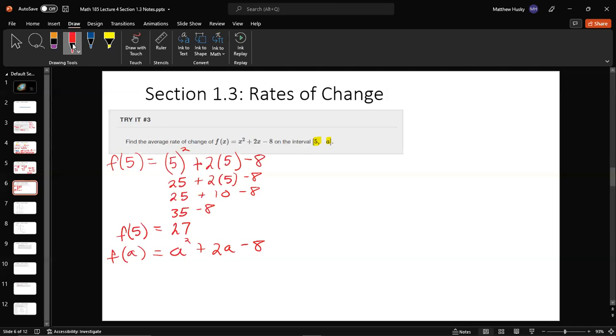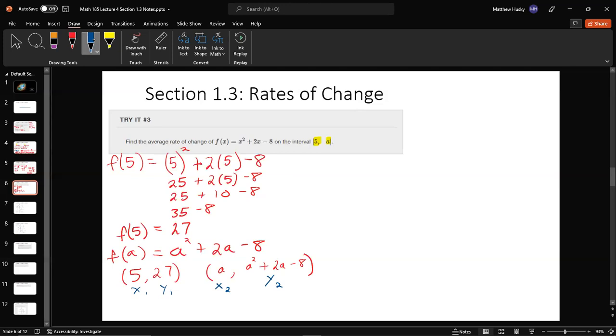So what this would mean is that you've got 5 comma 27, which would be x1, y1. And then you would have a comma a squared plus 2a minus 8. So instead of numbers, we're going to have a formula, which may seem a little wacky, but that's what it is.